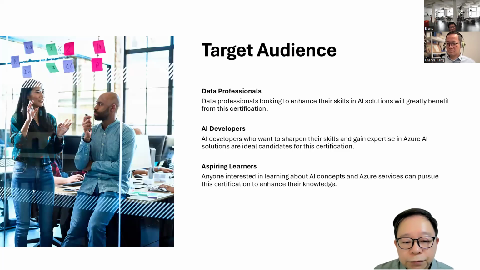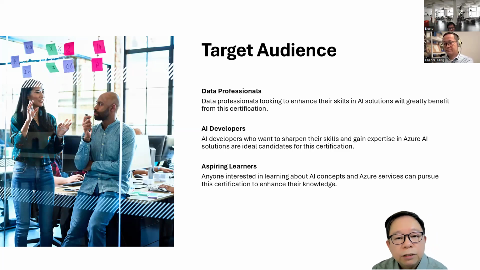So who is the target audience? Data professionals, data scientists, data engineers, fresh graduates, and people interested in building AI, even if they don't have AI knowledge. But of course, if you have AI knowledge, if you already passed the AI-900, that would be better for you.